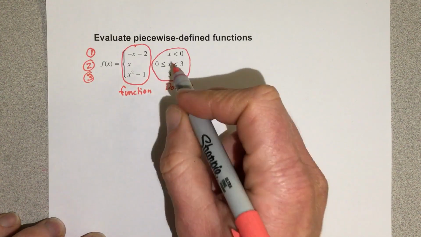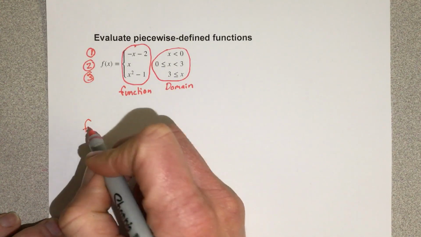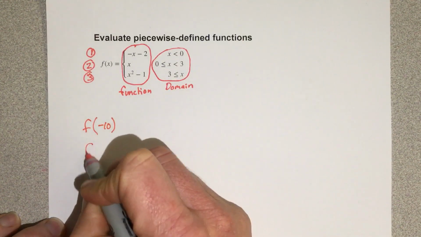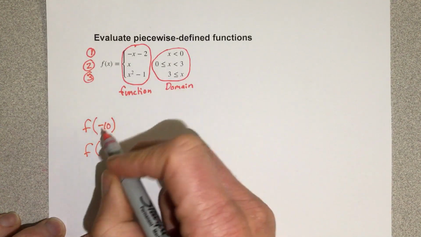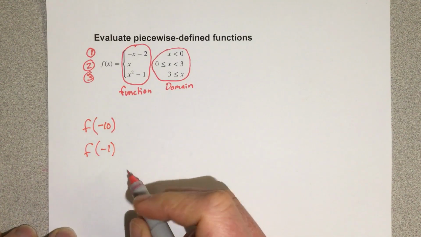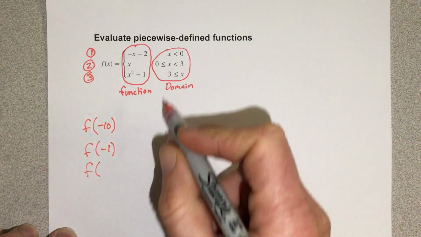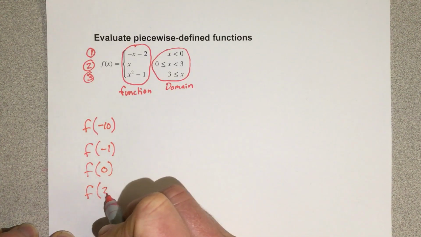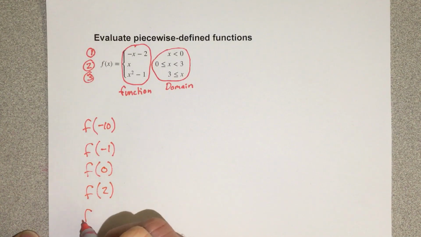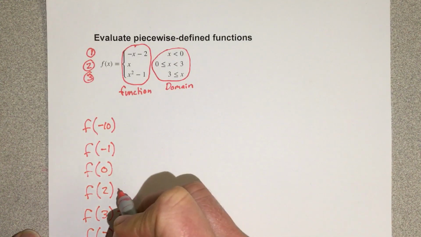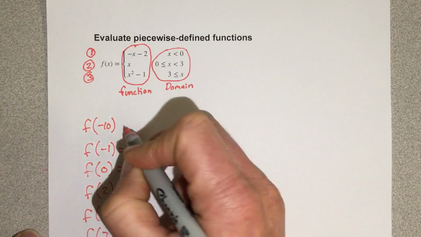We're going to start by plugging in f of negative 10, f of negative 1, f of 0, f of 2, f of 3, and f of 7. This should hit at least 2 points in each one of these domains.